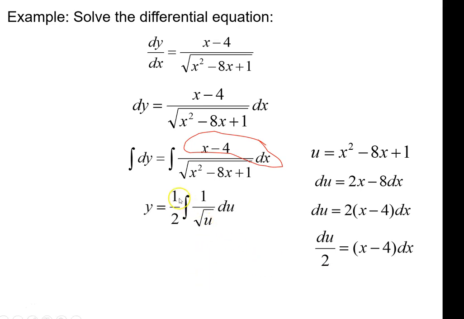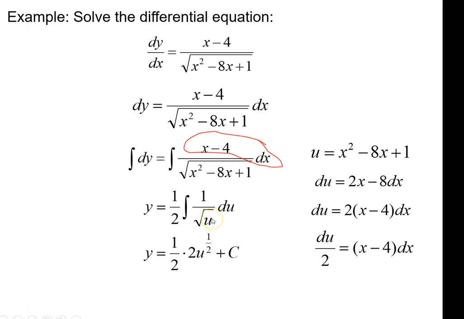So we've got 1/2 in front, that's the du over 2, times 1 over the square root of u, because remember u went inside the radical, and the radical was in the denominator, so it's 1 over the square root of u, and then the du comes from the x minus 4 dx expression. Remember that was 1/2 du. So power rule, that's u to the negative 1/2.